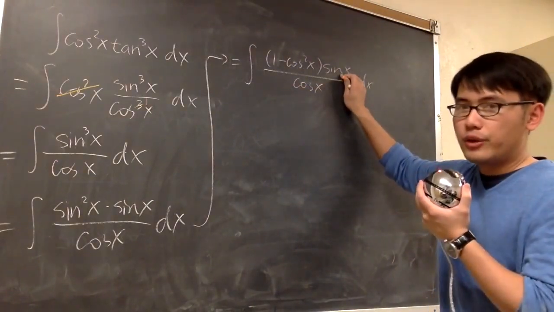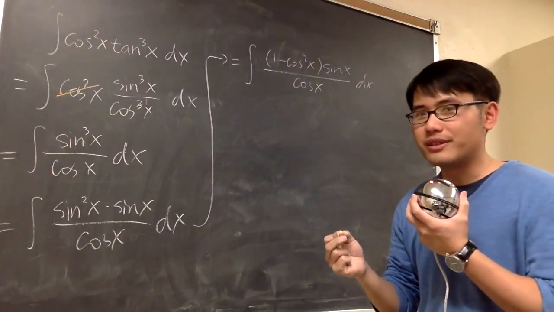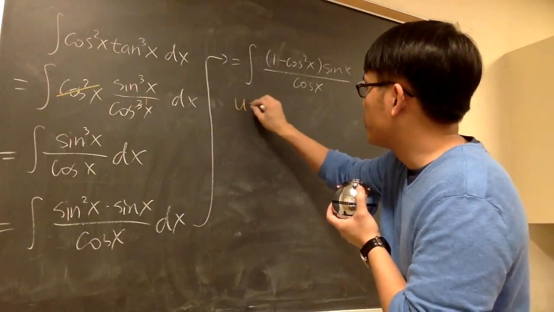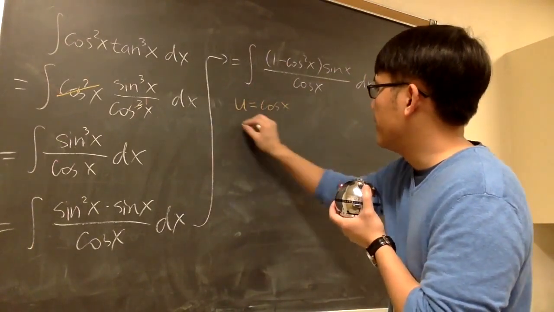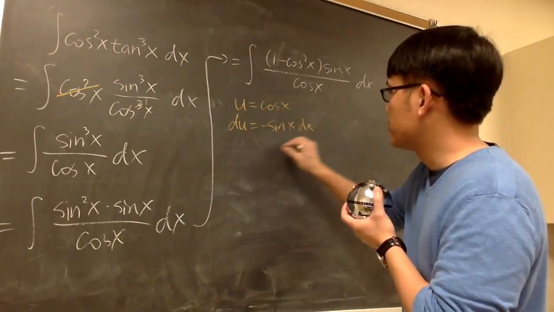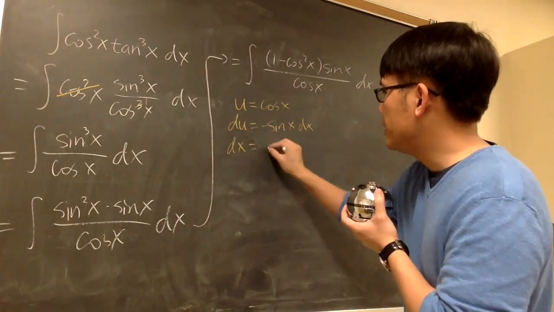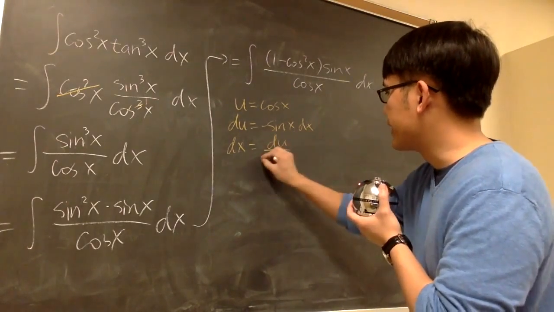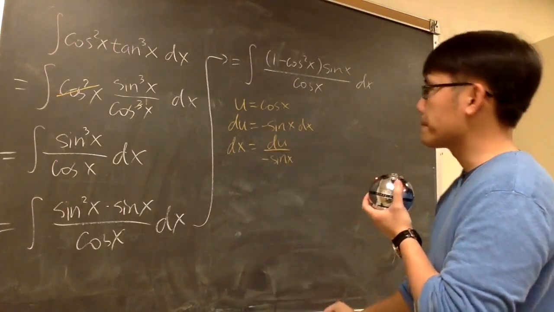Okay? And now, as you can see, we have a lot of cosine here, and then we have a sine x on the numerator. We can use a u substitution. We can let u equal cosine x, and then du will be negative sine x dx. So in other words, dx will be du over negative sine x. Okay?